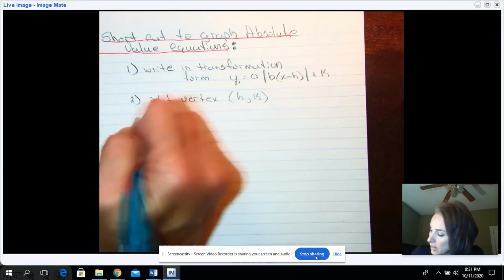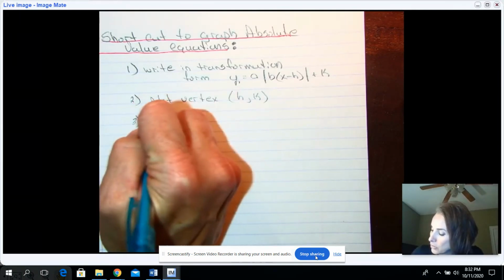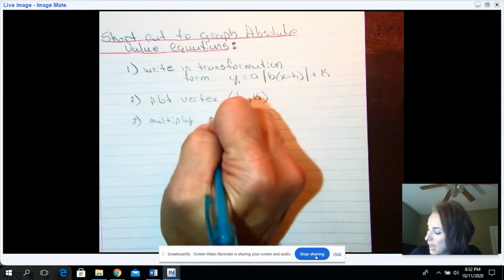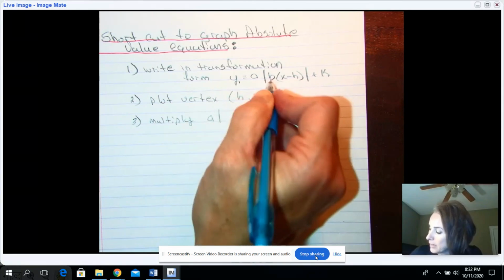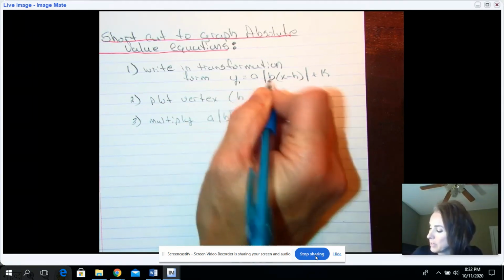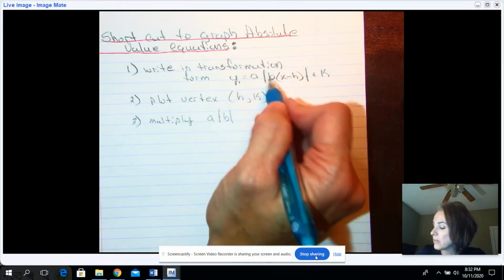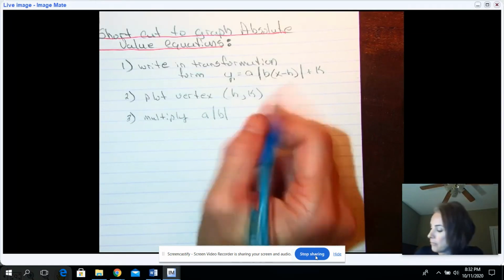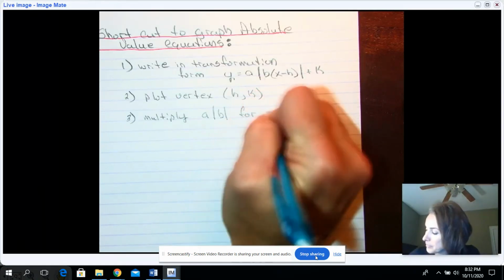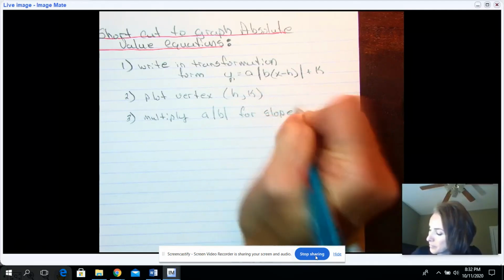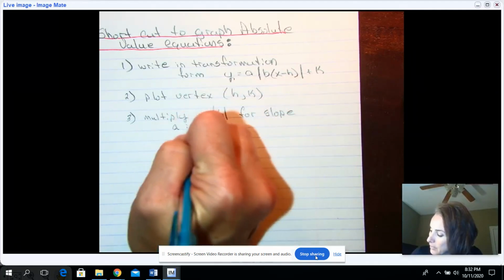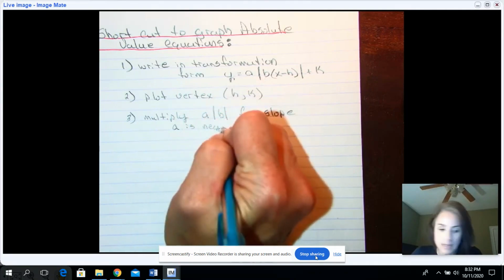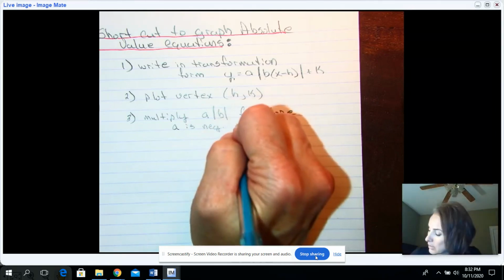And then here's what you're going to do: you're going to multiply a times the absolute value of b. So the negative on the b doesn't actually matter. If there's a negative in front of the b, it's irrelevant. So a times the absolute value of b for the slope. If a is negative, if there's a negative out in front of a, remember that's going to flip it down, so you're going to count down.